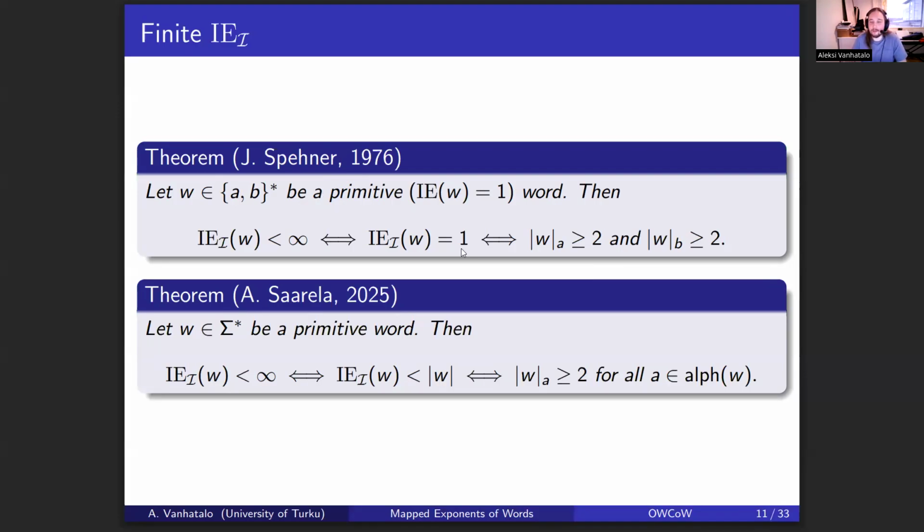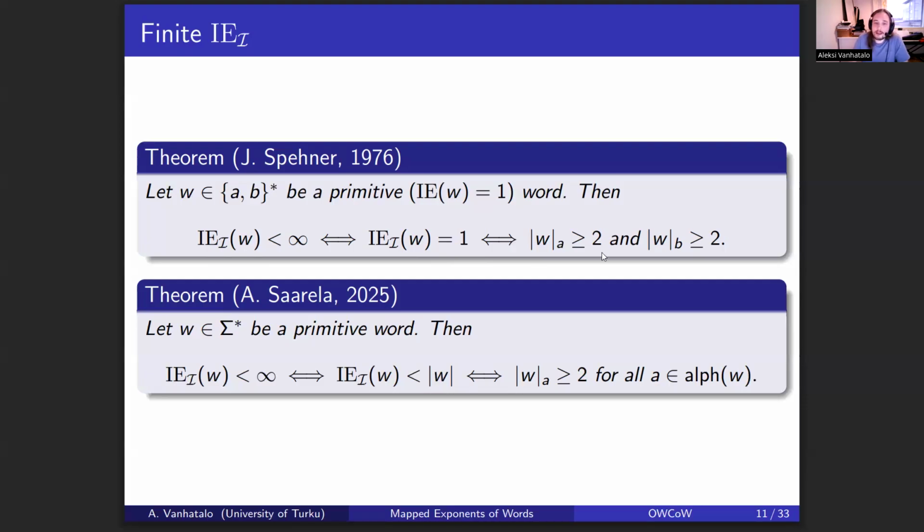So you cannot have even a non-primitive word as an image under injective morphism in that case. And this is the only case where the mapped integer exponent of a binary primitive word is finite. So basically for primitive binary words, the mapped integer exponent is either 1 or it's infinite.